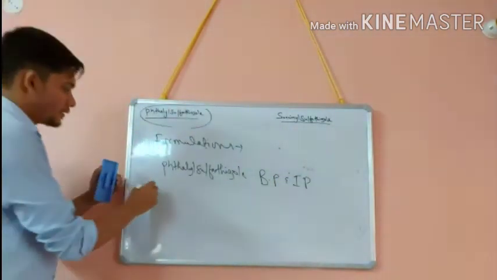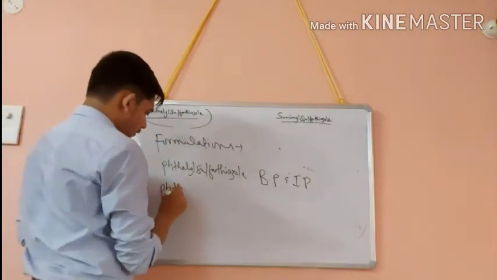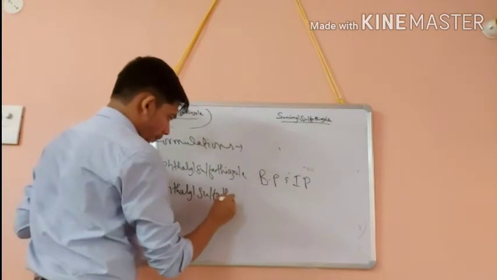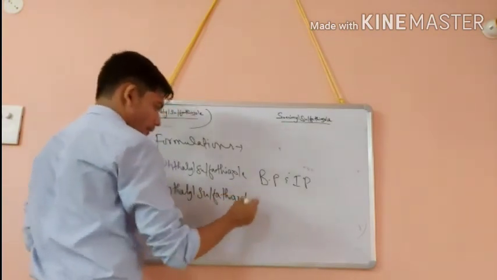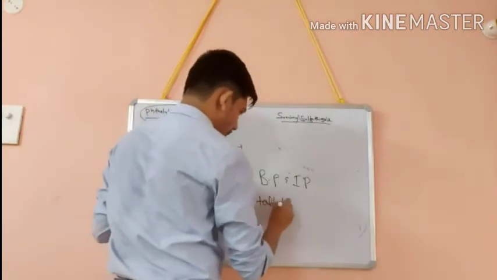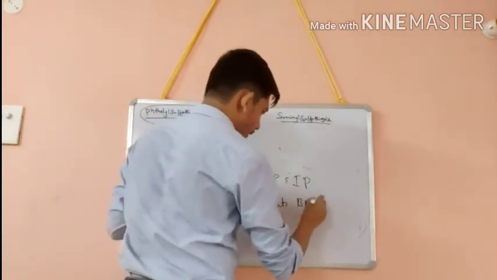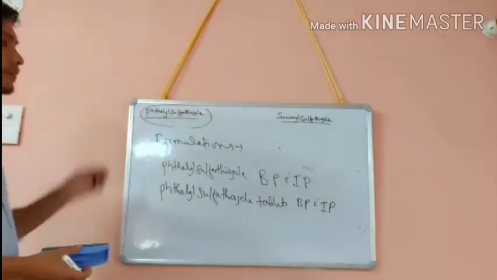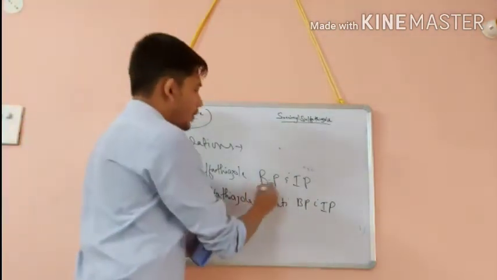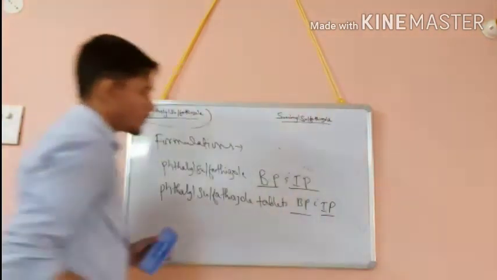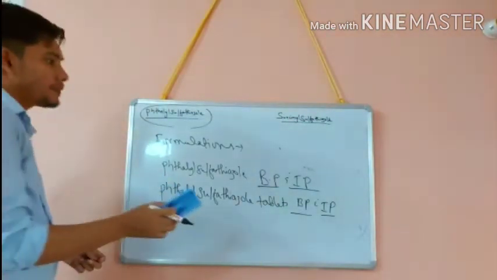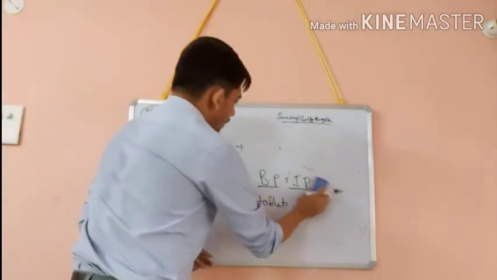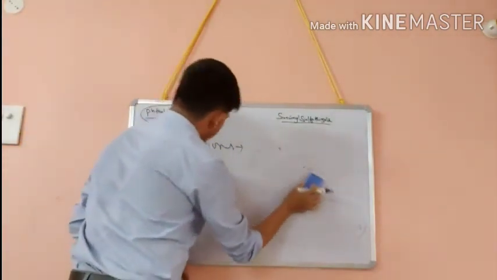Okay, then phthalylsulfathiazole tablets BP and IP. Okay, so these are the commonly available formulations as per the British Pharmacopoeia as well as Indian Pharmacopoeia. So next we will see what are the available marketed brands.